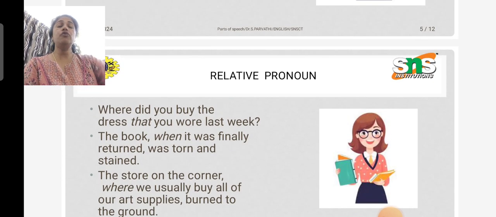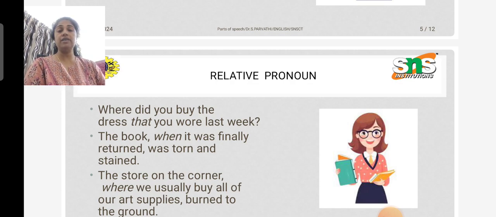Where did you buy the dress that you wore last week? Look at this. We are using the word where and this word that. In that you wore last week, you are giving connection to that dress, right? The book, when it was finally returned, was torn and stained.